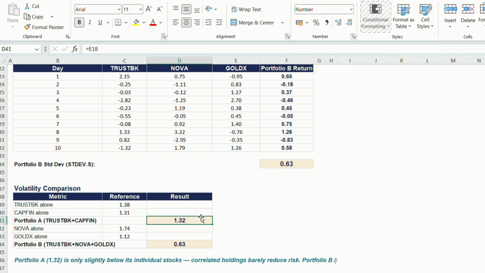Now the other, portfolio B, is 0.63, which is less than half of any single stock in it, including Nova, the most volatile stock in the whole set. By combining assets that move differently, the ups and downs cancel each other out more than they add up. So what does it mean?